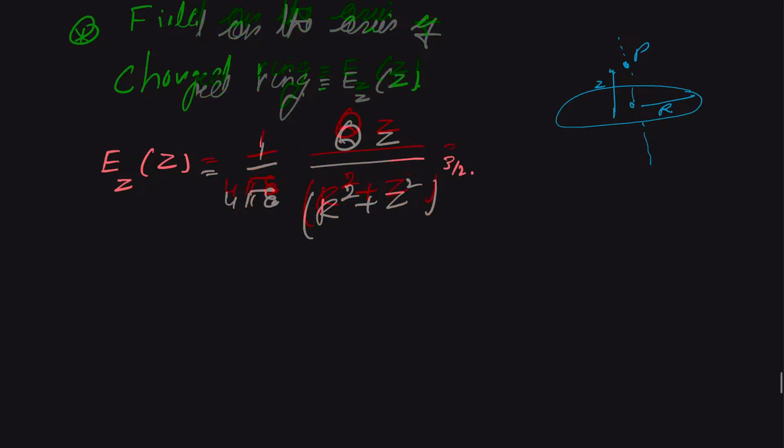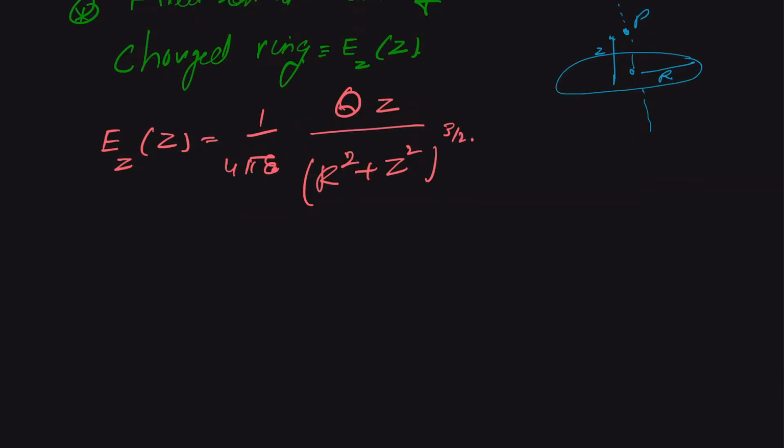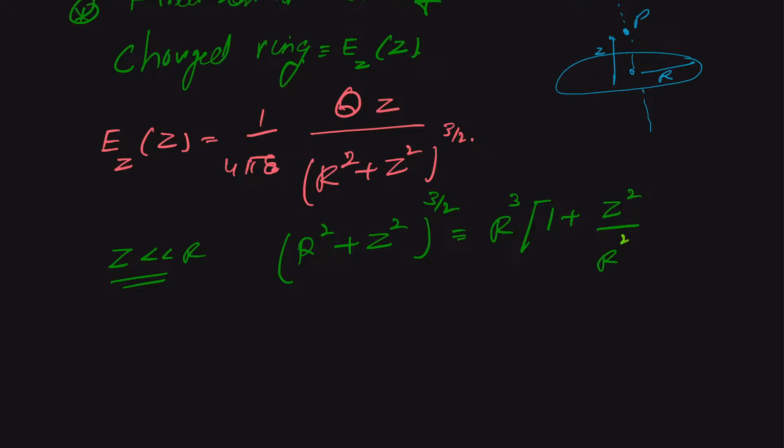We are interested in z very much less than r, so in the denominator, (r square plus z square) to the 3 by 2, we take r square common, so this becomes r cube times (1 plus z square over r square) to the 3 by 2.